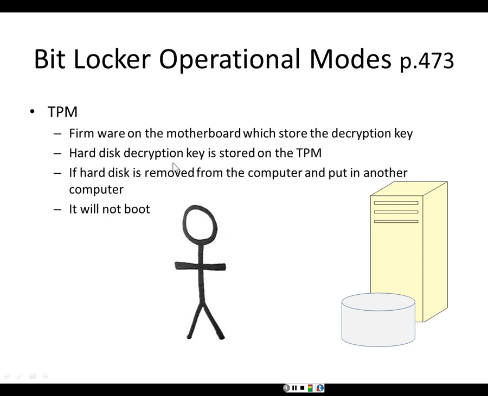And the hard drive decryption key, as I just said, is stored on the TPM. So when you turn the computer on and it boots, the hard drive looks to the TPM, the key on the motherboard, to decrypt the hard drive so it can be used.